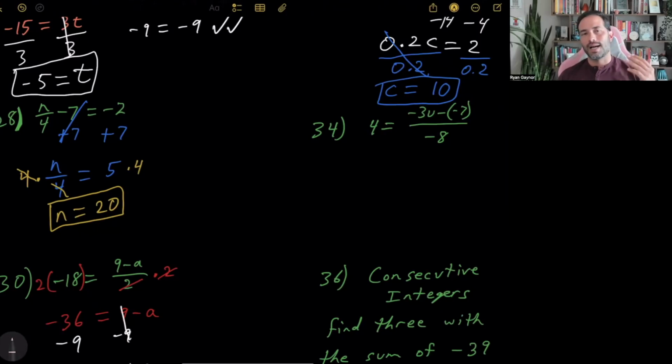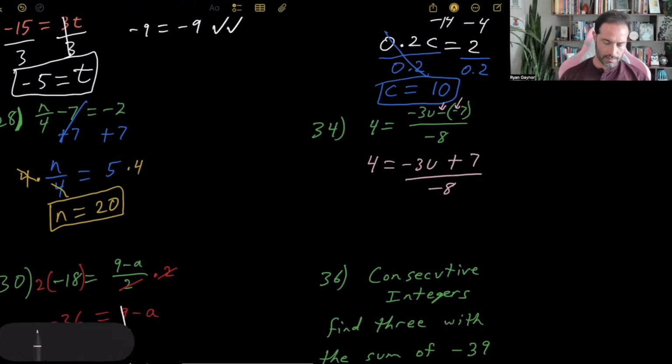Now, I highly encourage you that when you see a double sign, do you see how it says the negative right here, but then there's also a negative right there? I highly encourage you to simplify that. If a negative sign is next to a negative sign, it becomes a positive. So 4 equals negative 3u plus 7, all of that divided by negative 8.